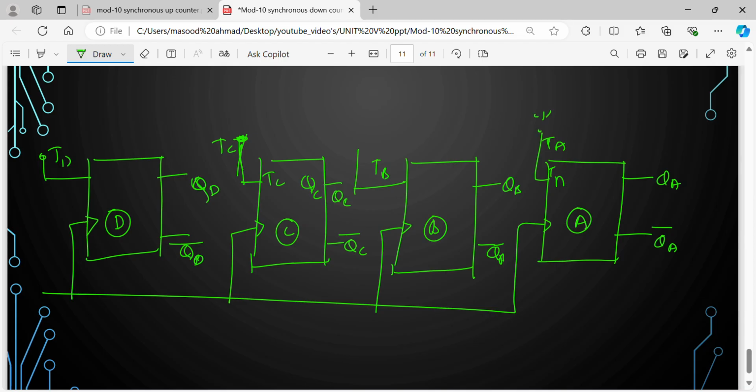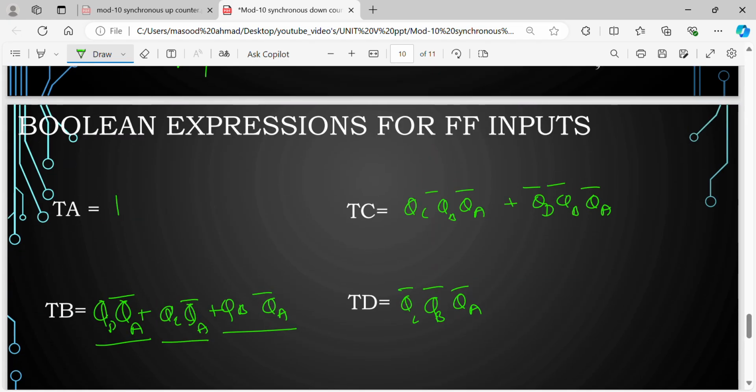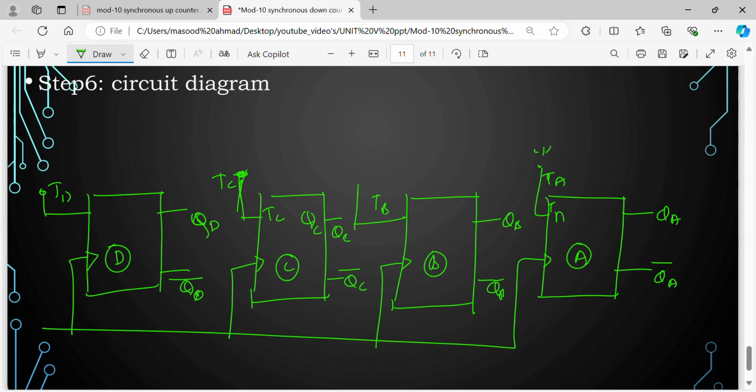TB, as per the expression, where is TB connected? TB is connected to QA bar QB, QA bar QC, QA bar QD. So you need 3 AND gates. Take an AND gate, take an AND gate, take an AND gate: QA bar, QB; QA bar, QC; QA bar, QD.